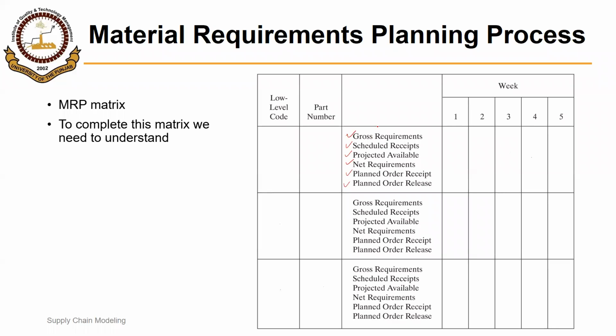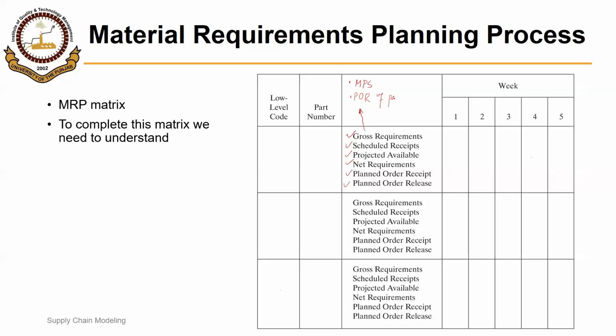As I have repeatedly mentioned, gross requirements for the end item come from the master production schedule. But for sub-assemblies and components, these gross requirements come from the planned order release of the parent.